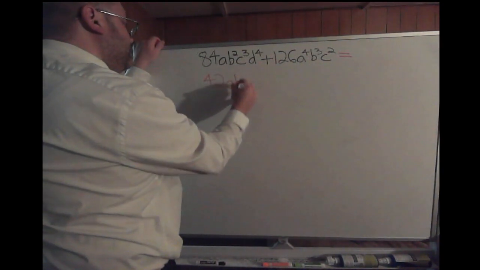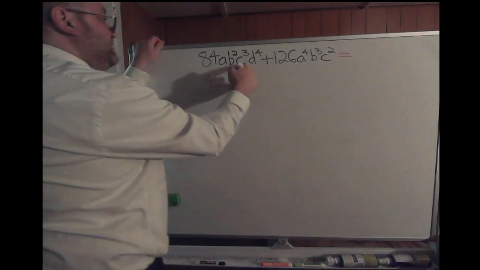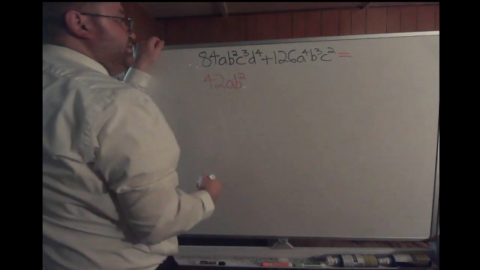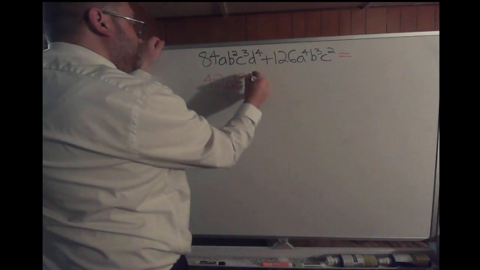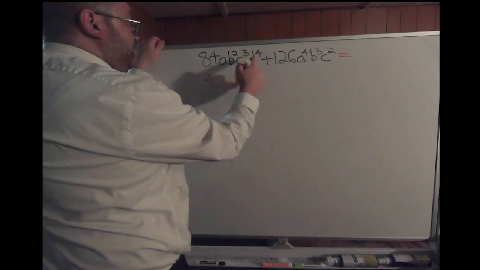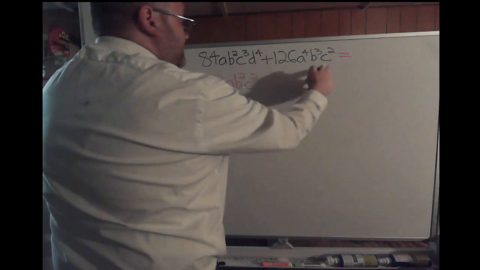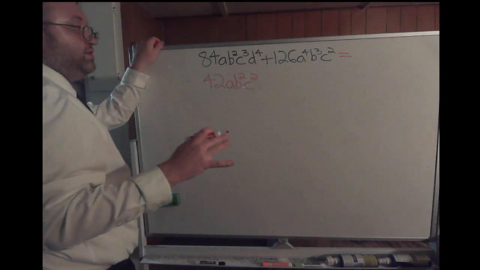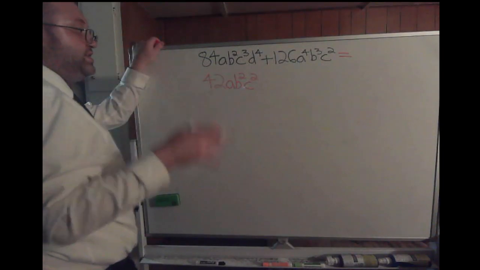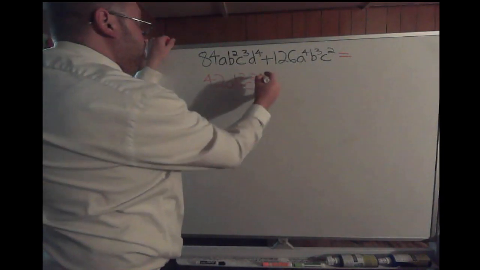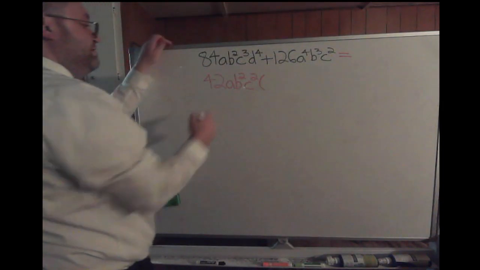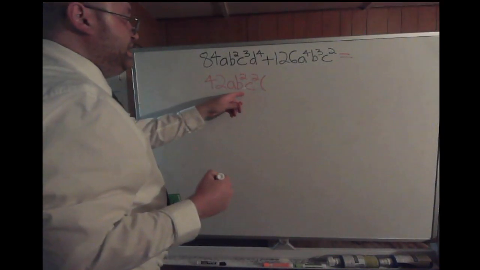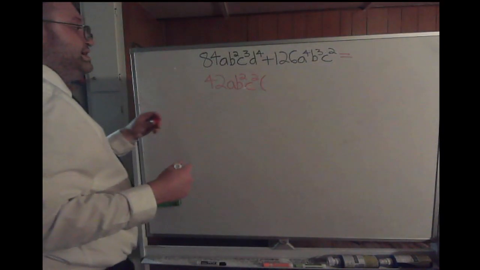B to the second. Between c to the third and c to the second, what do they have in common? That'd be c to the second. Now, the first term has a d to the fourth, the second term has no d whatsoever. So we can't do anything with the d to factor out. So we've established our greatest common factor being 42ab to the second, c to the second.